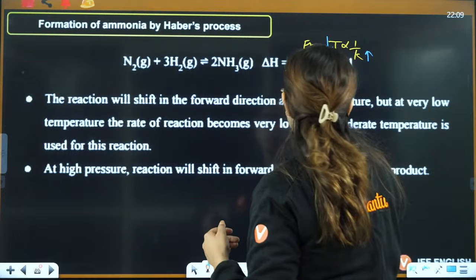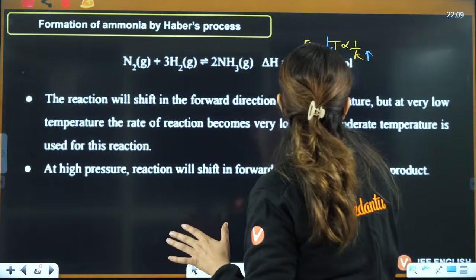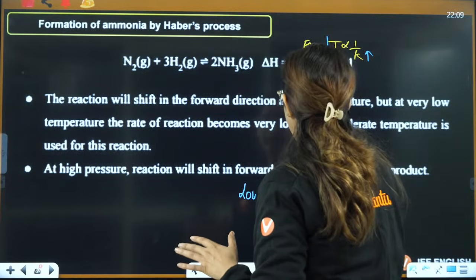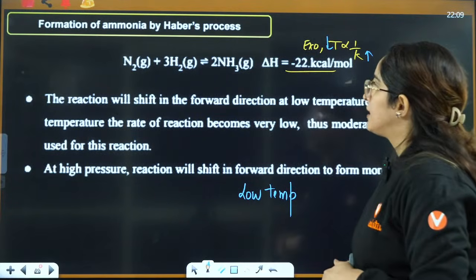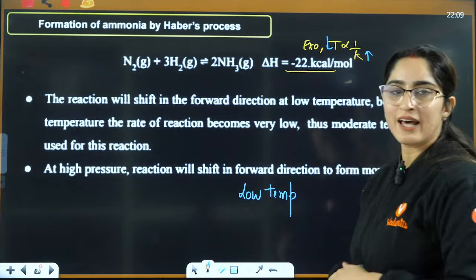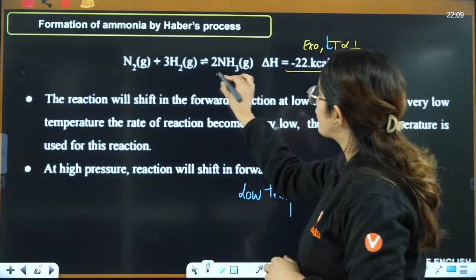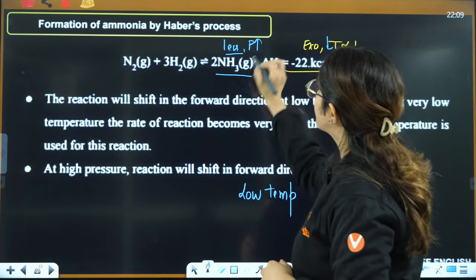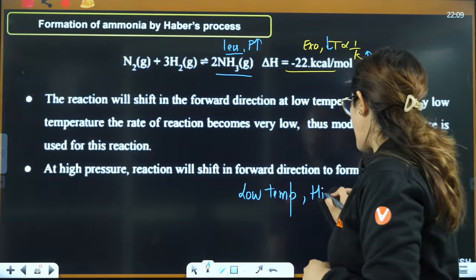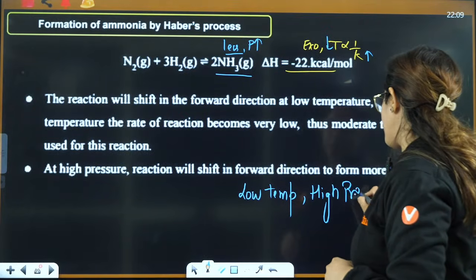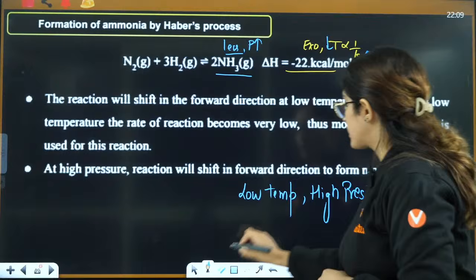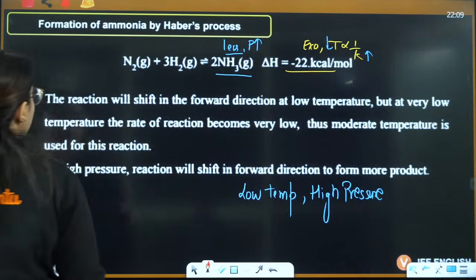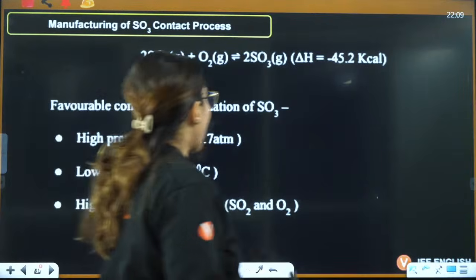And if you want to shift it in the forward direction, it will shift to fewer moles. If moles are fewer here, then the pressure applied will be more. So high pressure and low temperature are required for this one. Right, everybody?